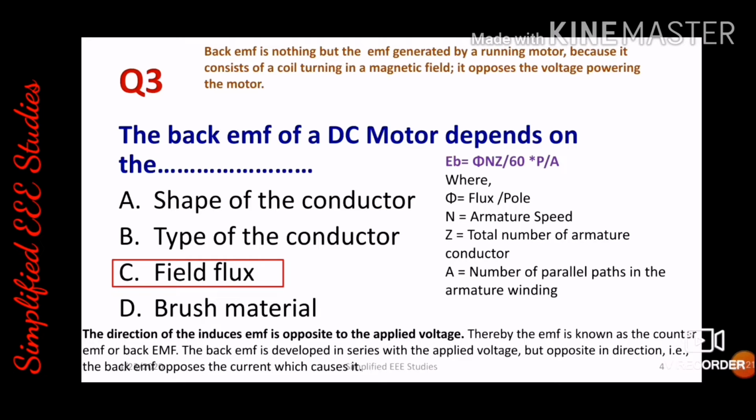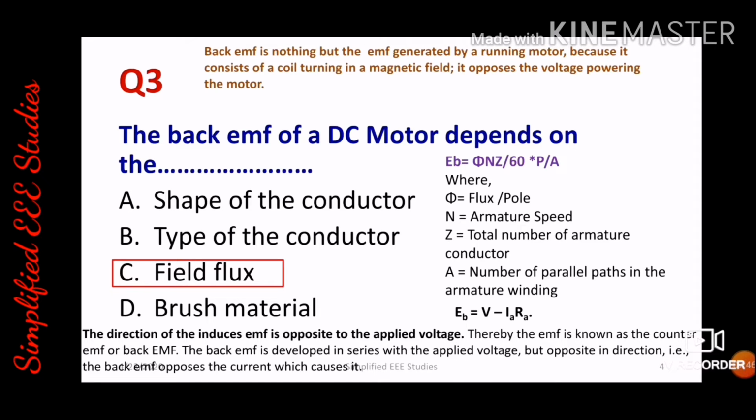The back EMF is developed in series with the applied voltage, but opposite in direction. The back EMF opposes the current which causes it. That's why I told you that the back EMF is opposite to the armature current. One more speciality, the back EMF will always be less than the terminal voltage V. So there is a relation between back EMF and terminal voltage that you can observe.